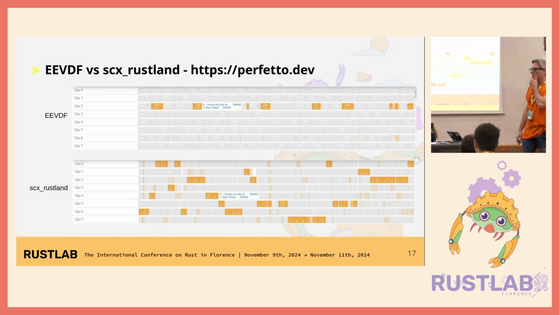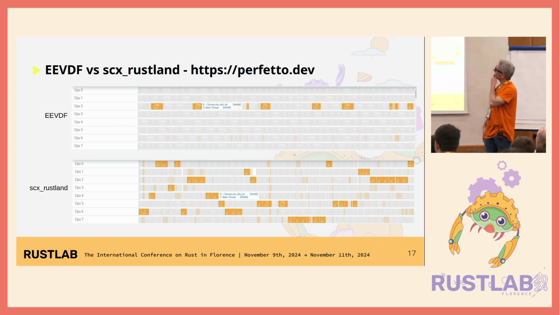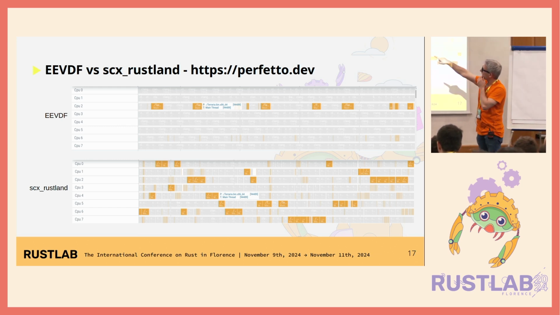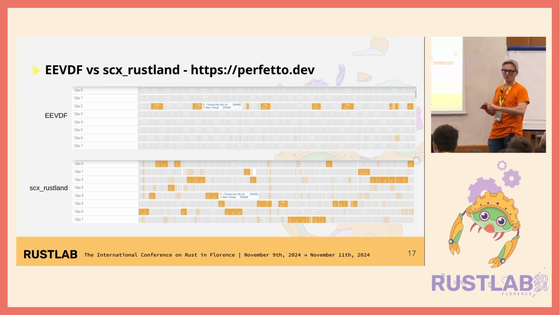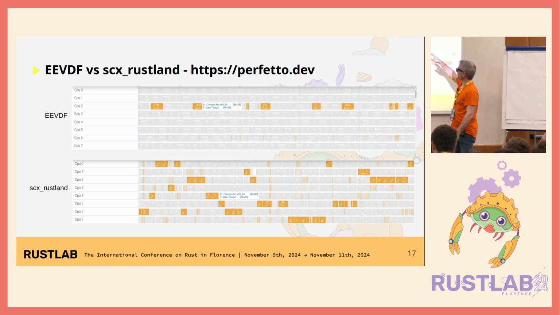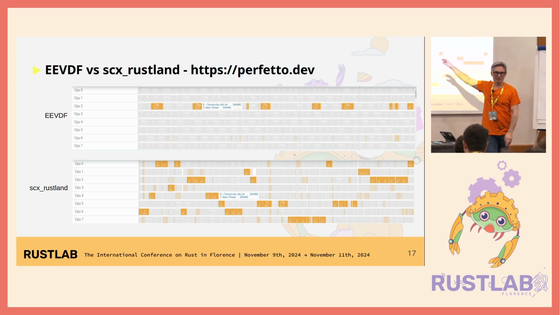The reason is that on the top part, you can see there are lots of traces. This is Perfetto, a great tool developed by Google. You can collect traces and plot them to see scheduling events. Maybe you can't read it, but these are all Clang processes built in the kernel.